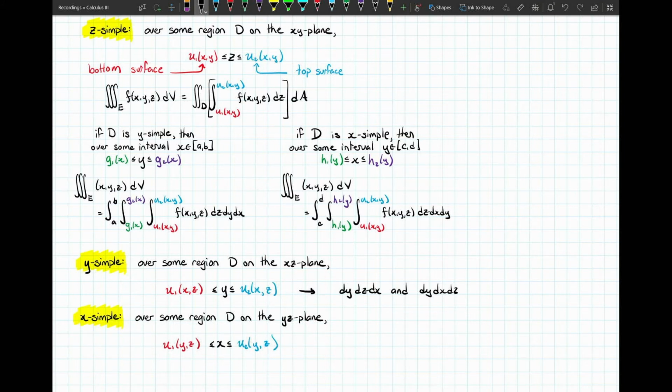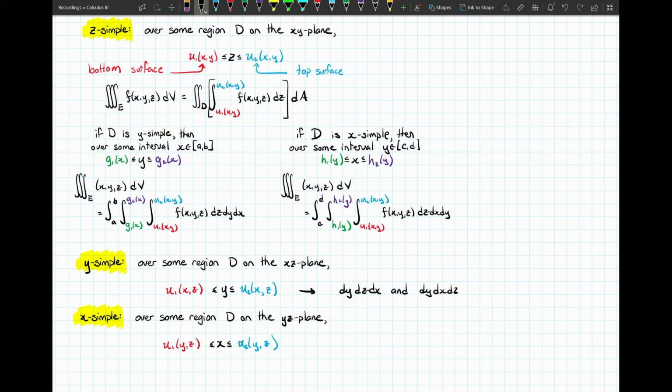Finally, this three-dimensional region E could potentially be x simple. If our region E is x simple, then over some region D on the yz plane, x will always range from a function u1 of y, z to another function u2 of y, z.